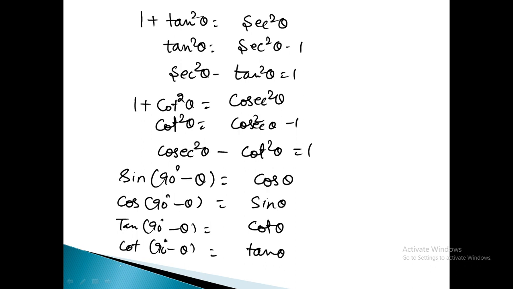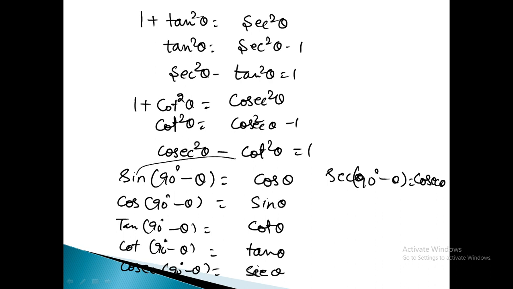And cosecant of 90 degree minus theta is equal to secant theta. And secant of 90 degree minus theta is equal to cosecant theta. In this formula, you should keep in mind that sin changes into cos and write with this value.